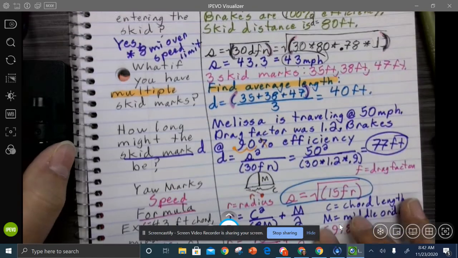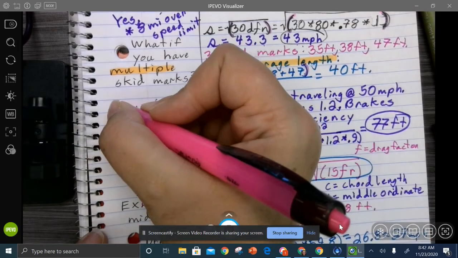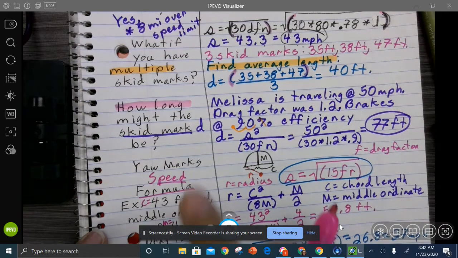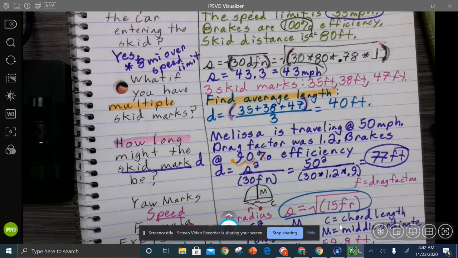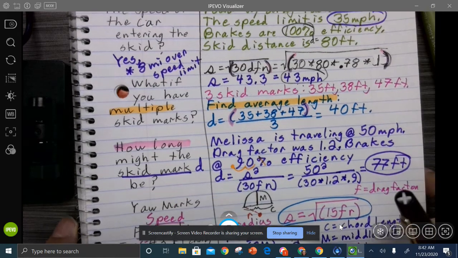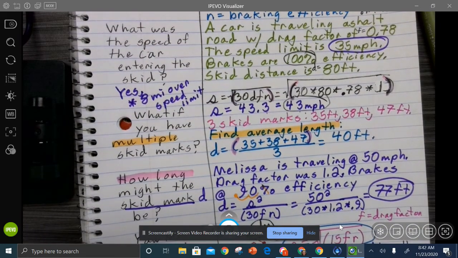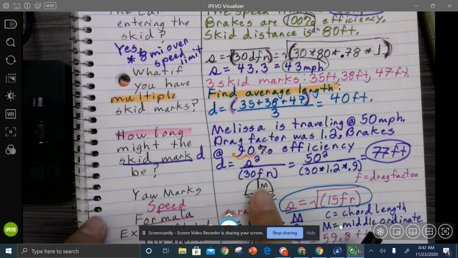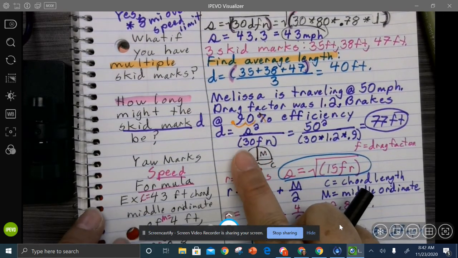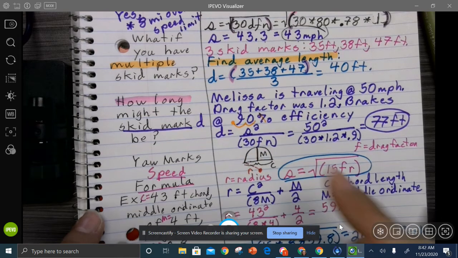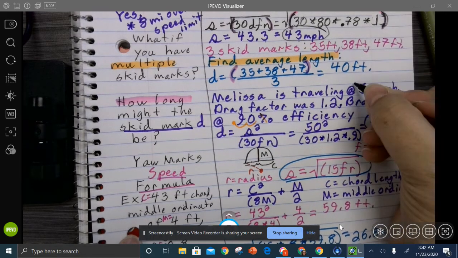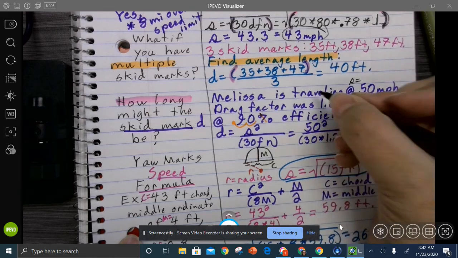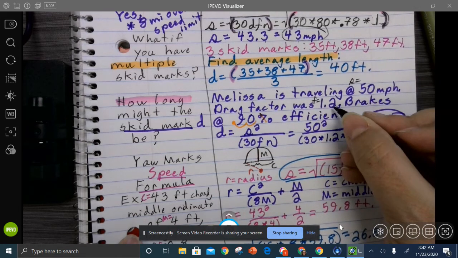For this one, we're going to solve for how long the skid mark might be, so we're solving for D. We take our formula and square each side. That's how we get the speed squared divided by 30 times the braking efficiency times the drag factor. So Melissa's driving at 50 miles per hour. That's her speed. The drag factor was 1 and 2/10.